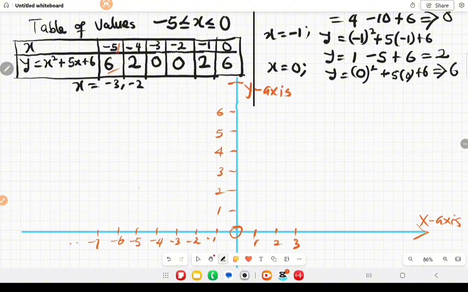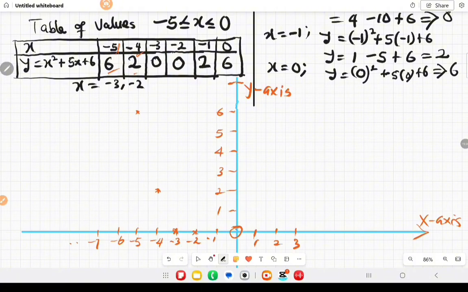Now we are going to plot minus 5 against 6. We have minus 5 against 6, that is this point. Then we have minus 4 against 2, this point. Then minus 3 against 0, where it touches the x-axis. Minus 2 touches 0 at the x-axis. Then we continue.